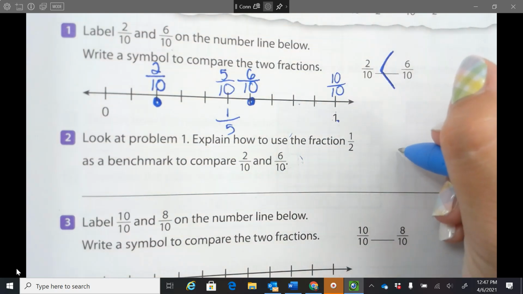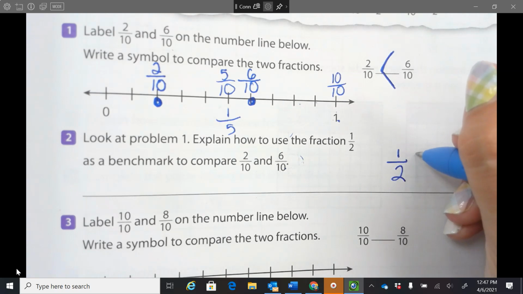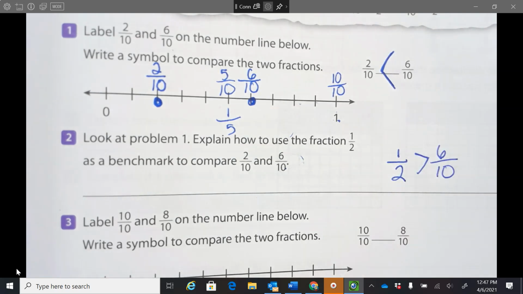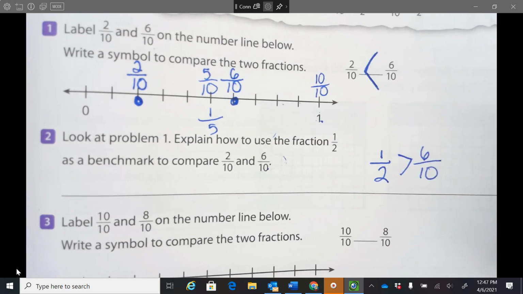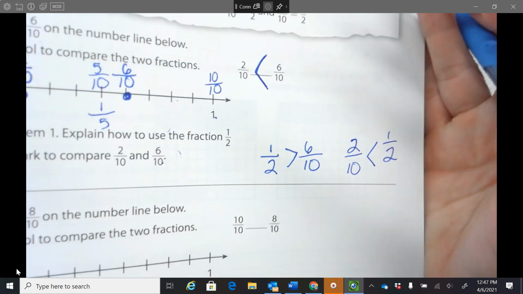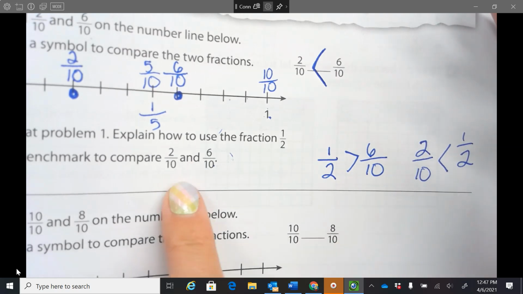So we would say 1/2 is less than 6/10. We could also say that 2/10 is greater than 1/2. Okay, so all you're doing is comparing 1/2 to both of those fractions that they asked you.